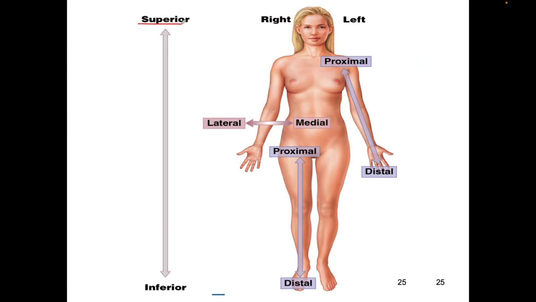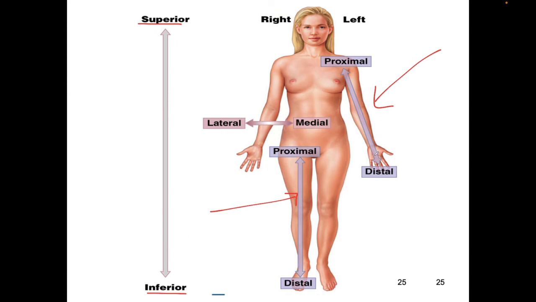It's important to know the difference between superior and inferior. Superior is at the top, inferior is at the bottom. That's when we're talking about the body as a whole. But when we look at parts, when we look at the upper extremity, or we look at the lower limb or lower extremity, we don't use the word superior and inferior.